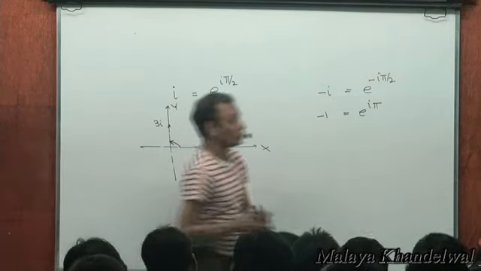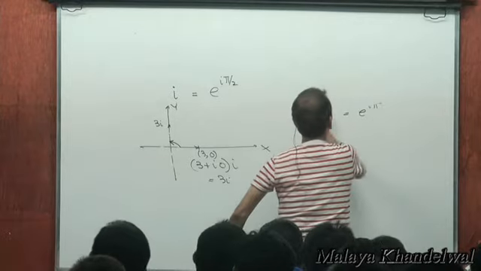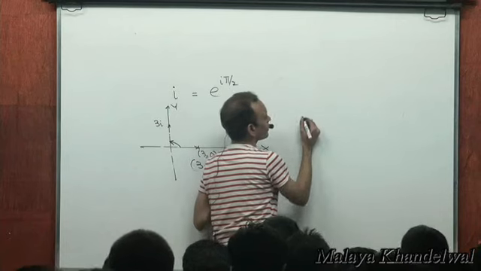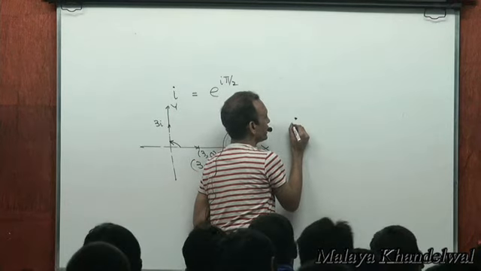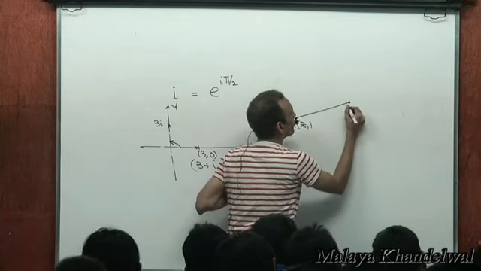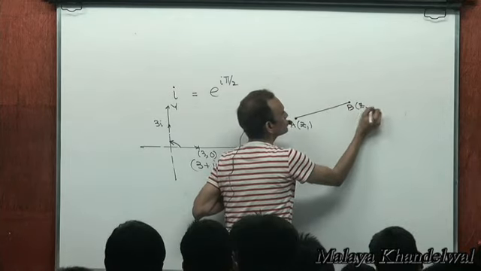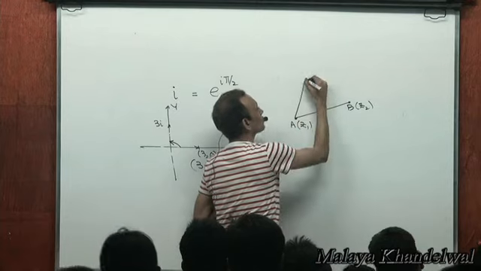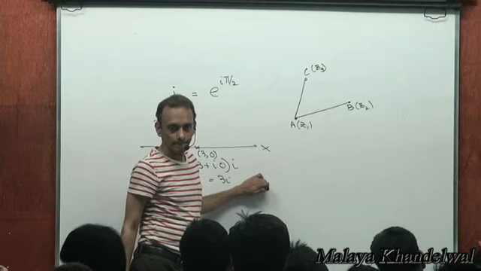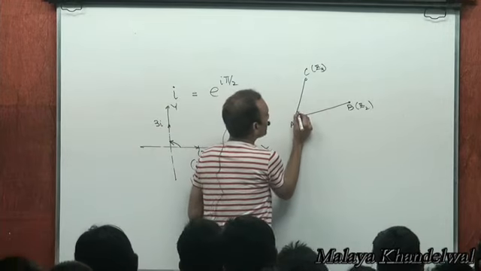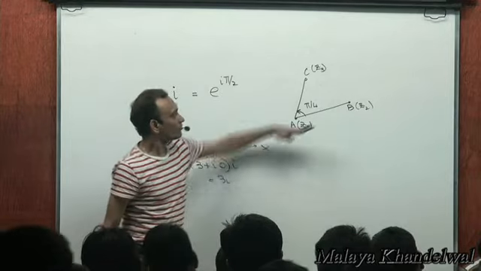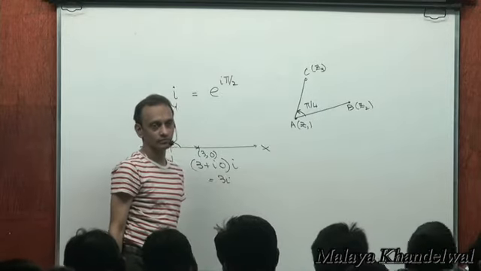Right? Suppose there is a point A, say z1, point B, z2, C, z3. And say this angle is pi by 4 from this to this anti-clockwise.